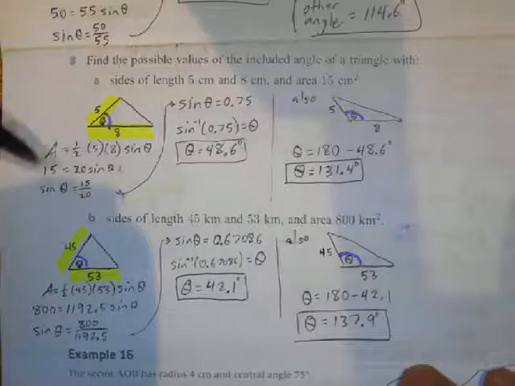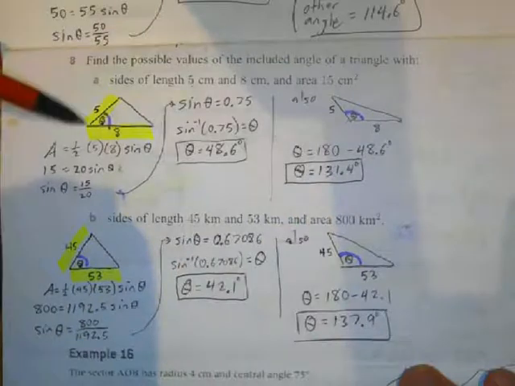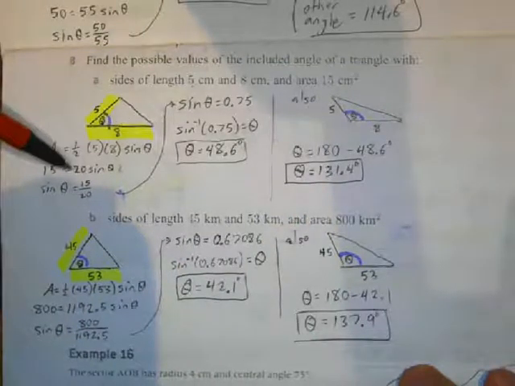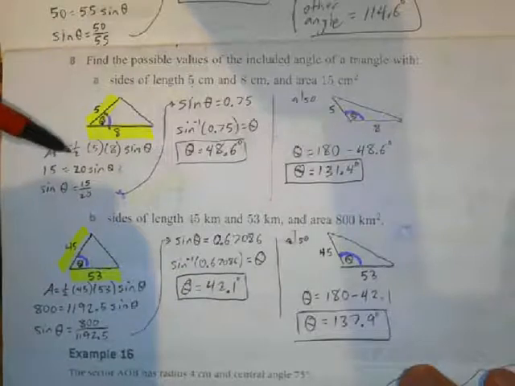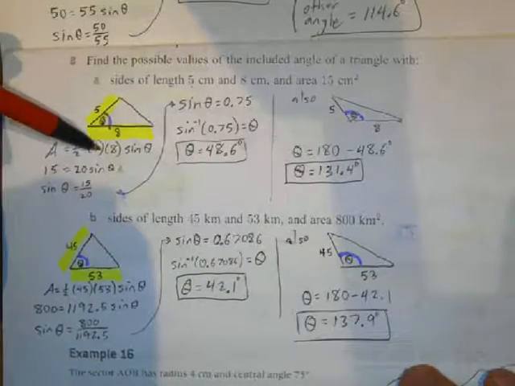The lengths are 5 and 8, we've got the area, and we're trying to figure out the angle. The area is 15. 1/2 of 5 times 8: 5 times 8 is 40, half of that is 20.